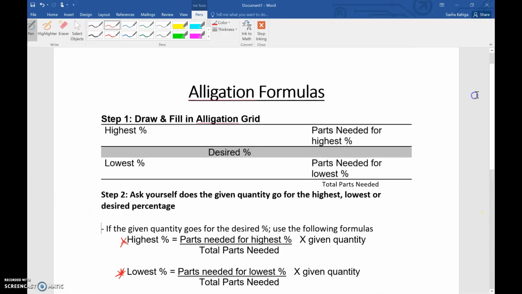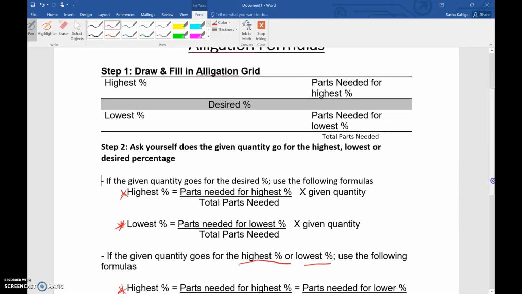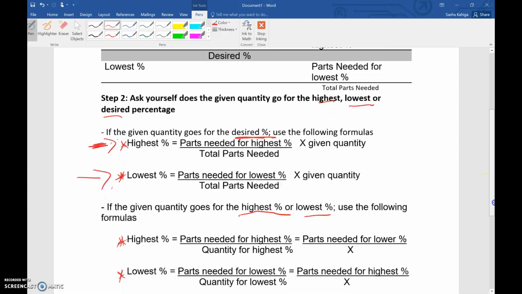Because after you draw and fill in your alligation grid, your second step is to ask yourself, does the given quantity go for the highest, the lowest, or the desired? If the given quantity goes for the desired percentage, you have to use both of these formulas, your highest formula and your lowest formula, because you're going to get two quantities.